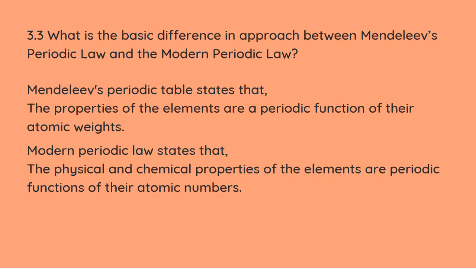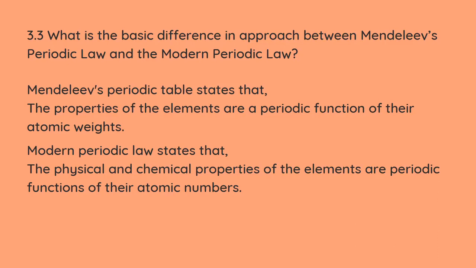What is the basic difference in approach between Mendeleev's periodic law and modern periodic law? The basic difference between the two, as I just said, is the fact that Mendeleev used atomic weights, whereas the modern periodic law is to do with the atomic numbers. Because the atomic weights posed a lot of issues, if you remember, we had discussed the disadvantages of Mendeleev's periodic table.